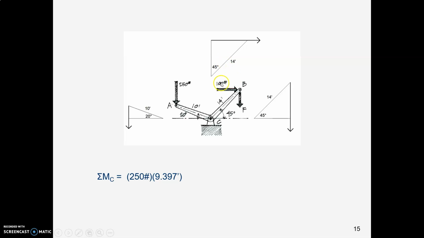Now the next force, 100 pounds, and you found a distance, I hope, of 9.899 feet, and that's causing a clockwise moment, so that's a negative moment. And finally, F. We don't know how big F is, but we know its distance. Its distance is also 9.899, and that is also a negative moment because it's trying to spin clockwise. And what do those all add up to? The sum of all moments equals, ta-da, 0, because this is in equilibrium.